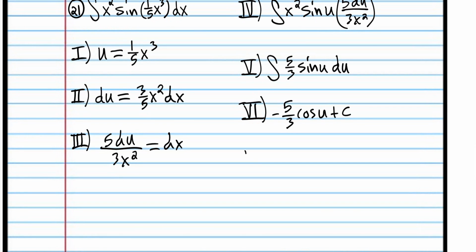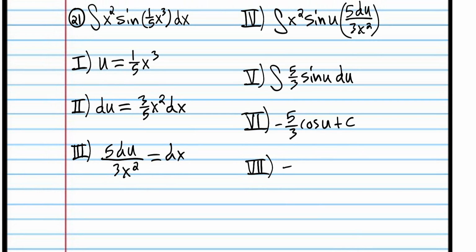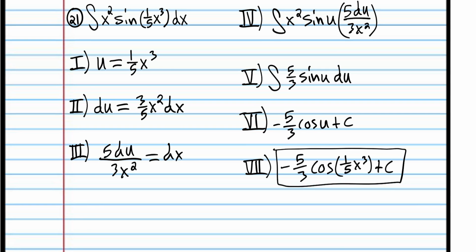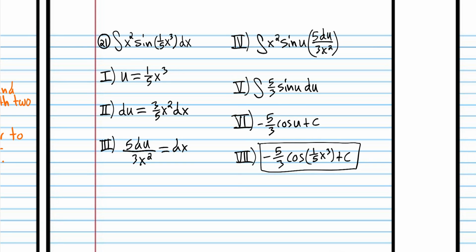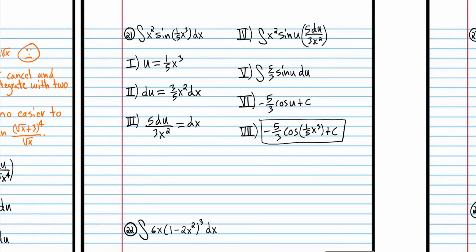And so then lastly, we're going to replace u with what we defined u to be, and that was 1/5 x cubed. So there you go. There's another example.